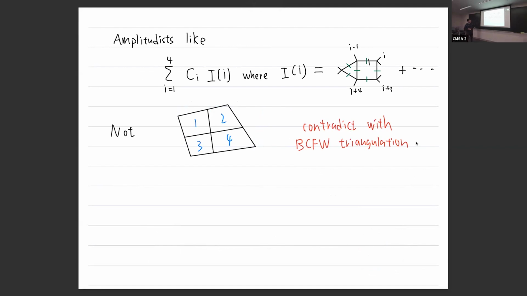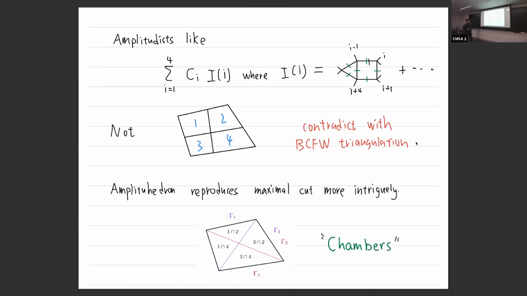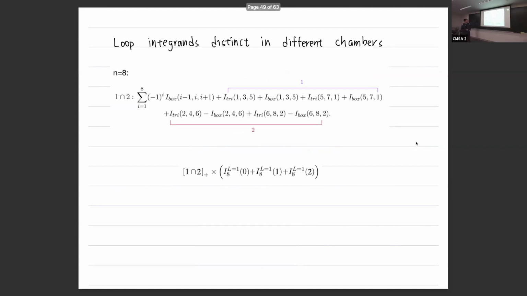This will not be a geometry form, because we know that in the 8-point case these 4 cells actually overlap. So this will not contribute to the BCFW triangulation. So the amplitude will reproduce the maximal cut in a more interesting way, also related to a parameter called chamber. It's the intersection of the BCFW cells.